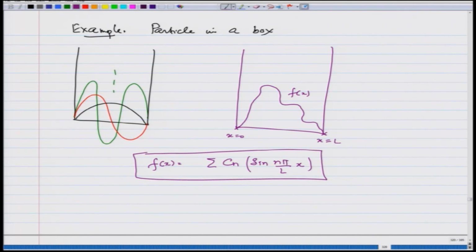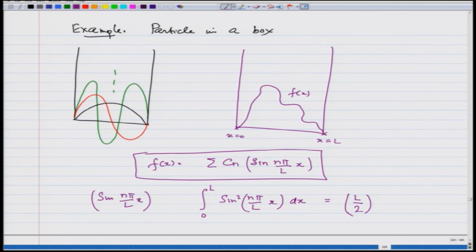Now, as I said, the convention is to normalize the wave functions. So, the sin(n pi x over L) is not normalized, because let us see what this integration is. If I integrate from 0 to L sin squared(n pi x over L) dx, this comes out to be L by 2.